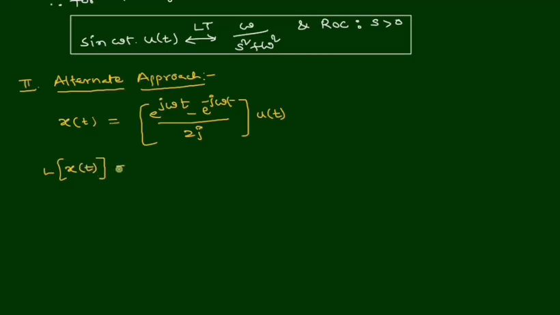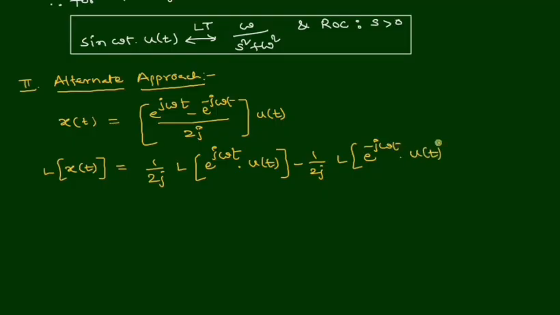So that is Laplace transform of x of t equals 1 by 2j Laplace transform of e power j omega t multiplied with u of t, minus 1 by 2j Laplace transform of e power minus j omega t multiplied with u of t. The Laplace transform of this complex exponential signal we already derived in the previous lecture.